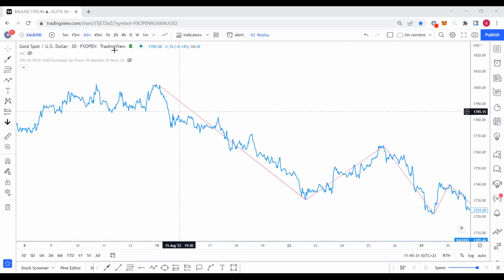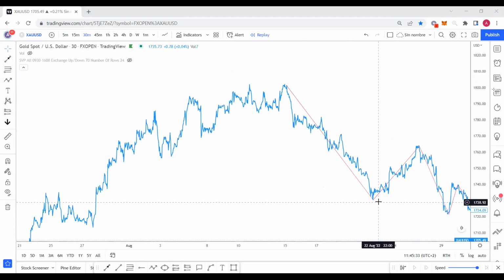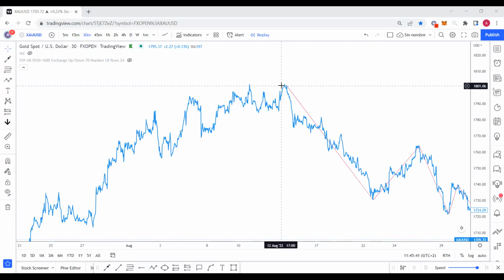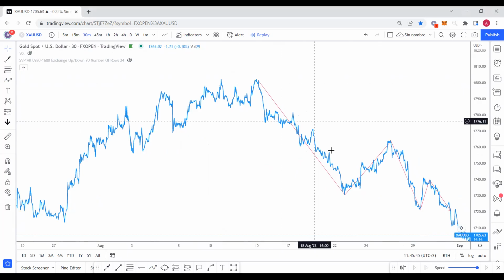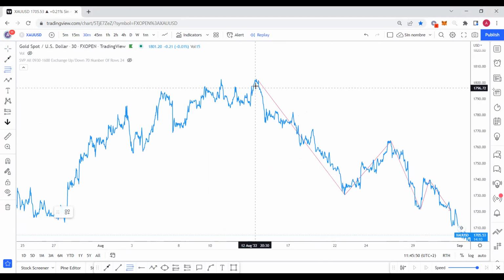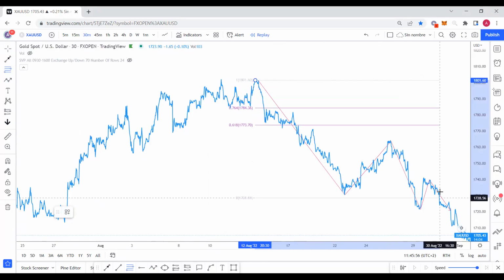Okay, guys. So this impulse is at 100%, let's say, from 1730, which is the price, you can check on the right-hand side, 1730 to the 1800s. This is 100%. So the Fibonacci basically breaks this impulse down into whatever percentage you want.